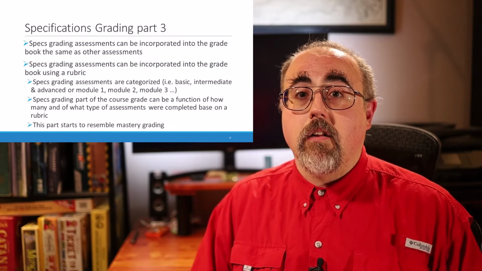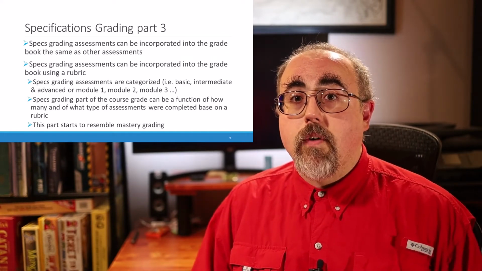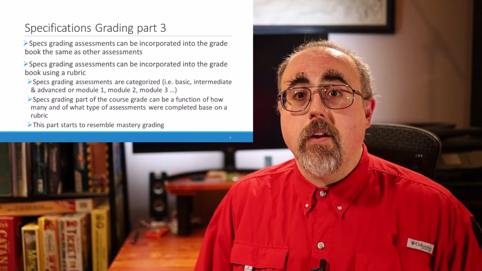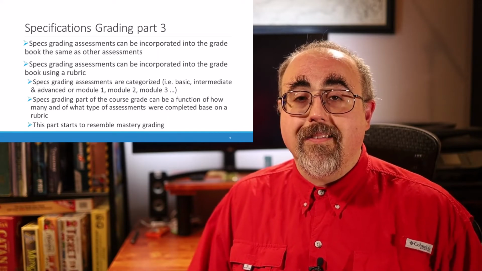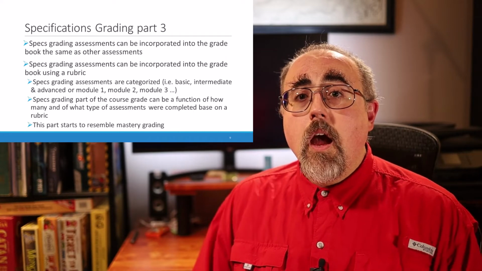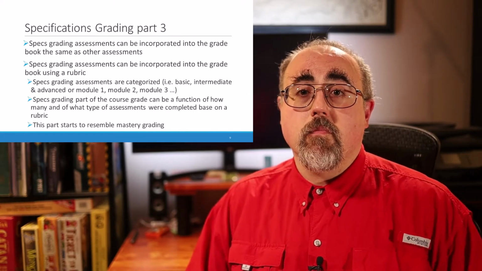So you've got the final, and then 85, 90% of the class grade is the specs grading, and then there's the final for 10, 15%. That way you can keep your department happy if there's a minimum percentage for a final exam or a common final or something like that. I'm probably going to go more into specs grading in the future. We'll see how things go.